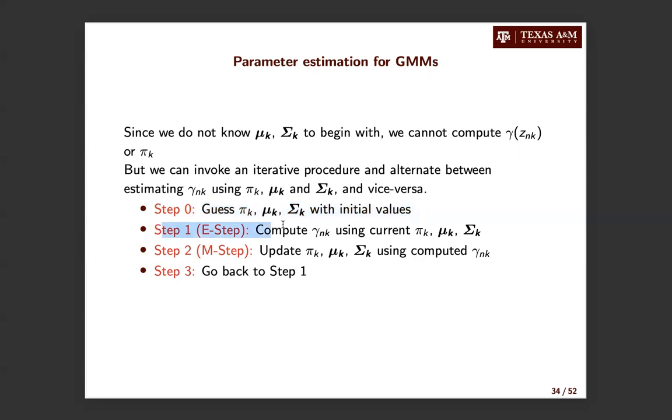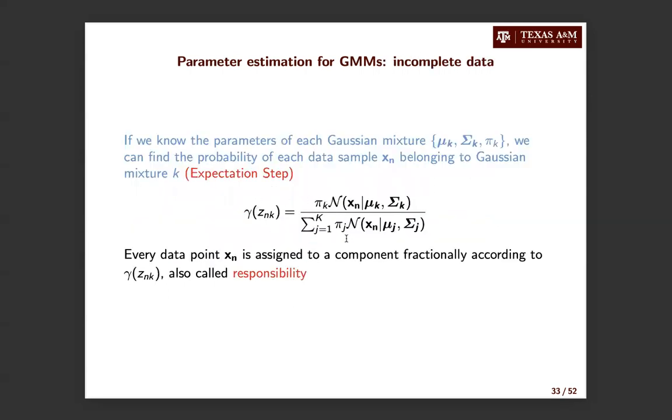As step one, which is called the expectation step, since we have assumed some mean, covariance, and priors for our model, we can compute the responsibility for each sample belonging to each mixture. That responsibility is found using this equation here.